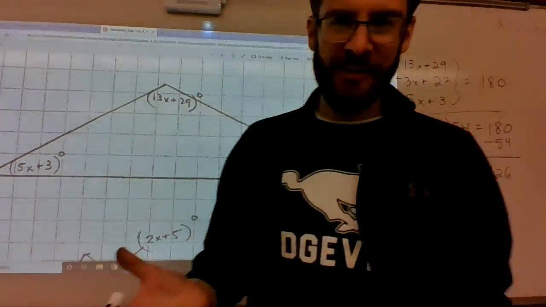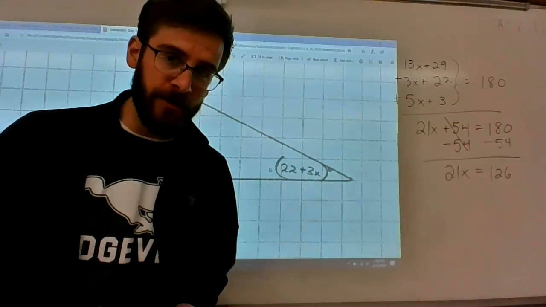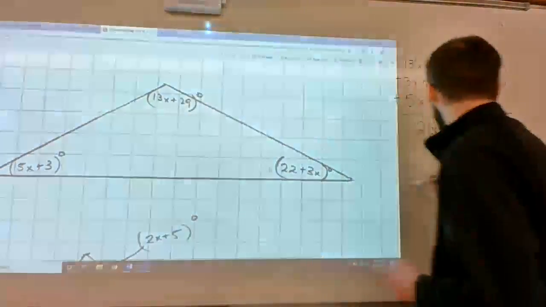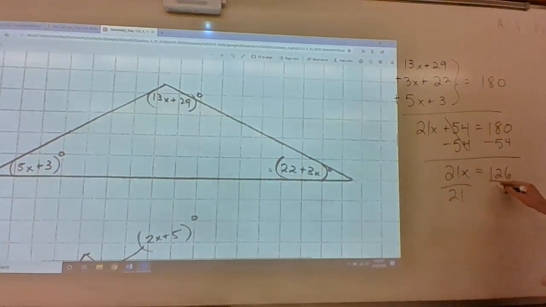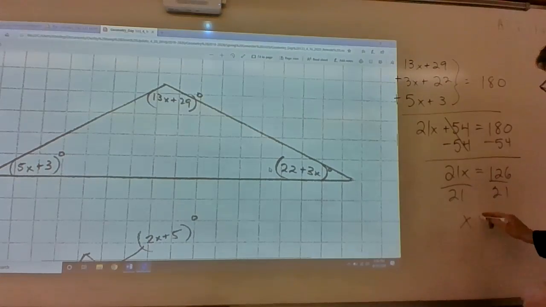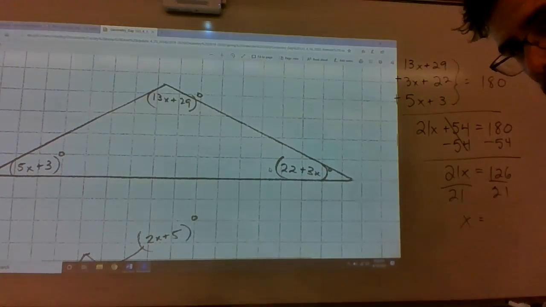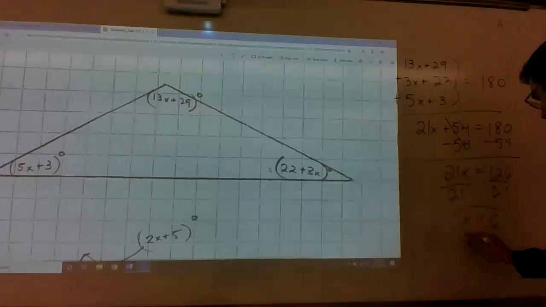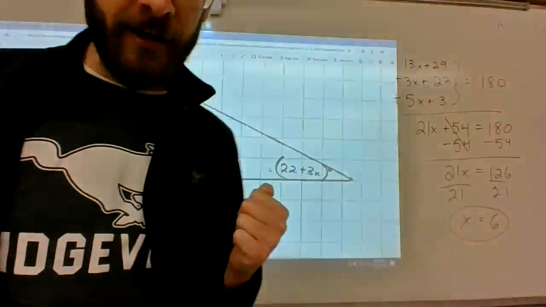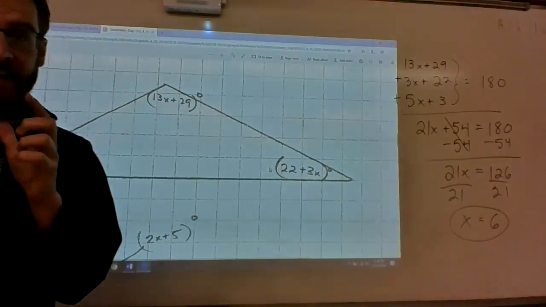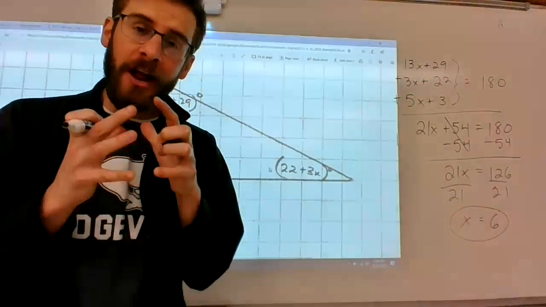And by no means do you guys have to do this all in your head. You got calculators, feel free to use them. 21 thankfully goes into 126 6 times exactly. So there we go. We found the value of x. It's 6. Now, that's not the only thing the questions are asking for.